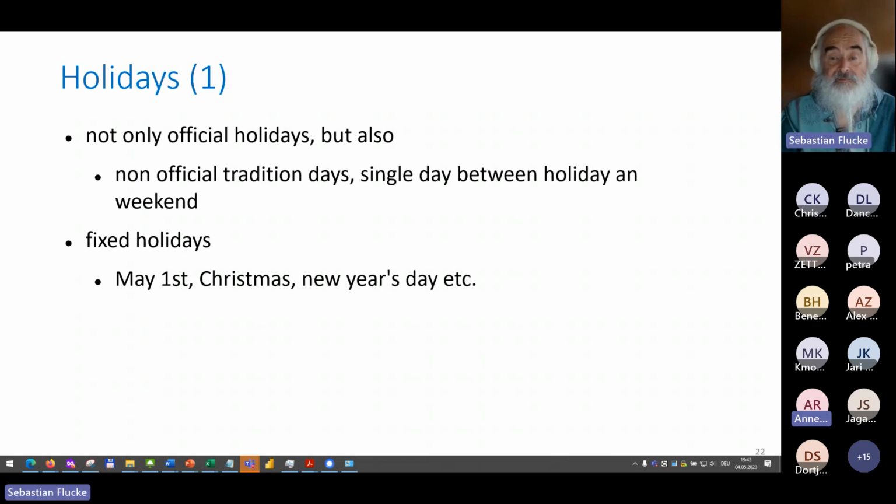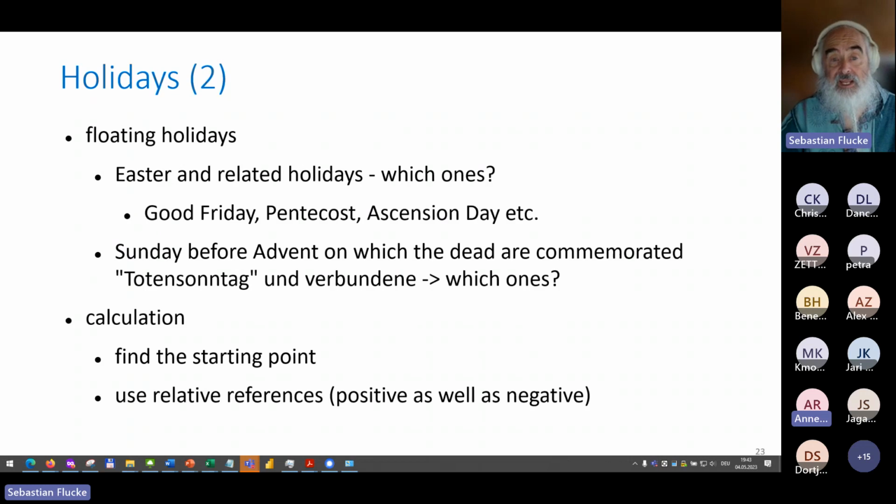Regarding the holidays, we have fixed holidays, which are on the same date every year. That is something like May 1st, Labor Day, Christmas, New Year's Day, and things like that. But on the other hand, we also have floating holidays. The best examples for floating holidays are Easter and related holidays.